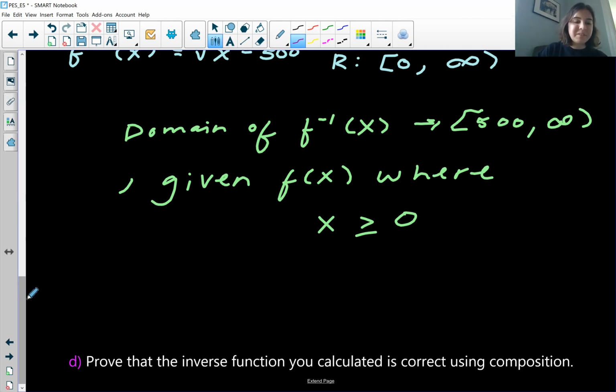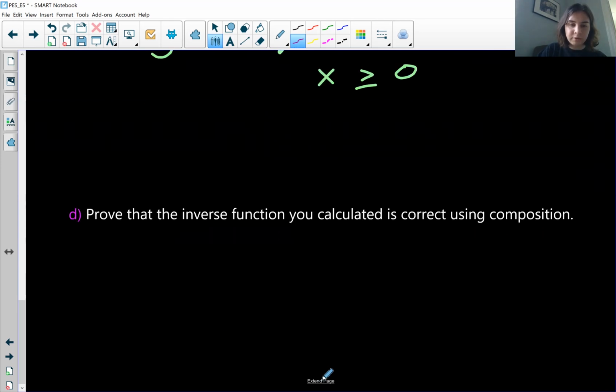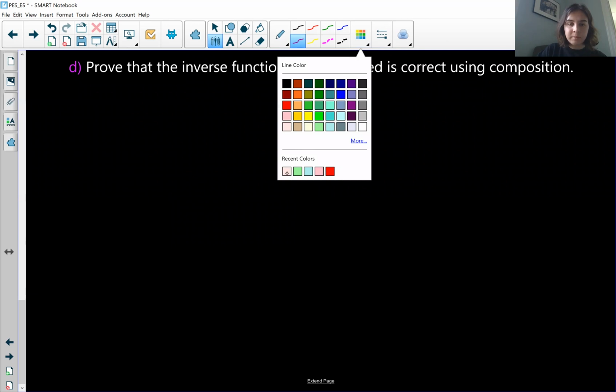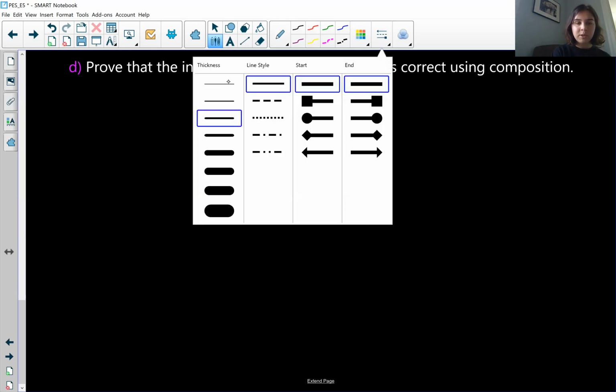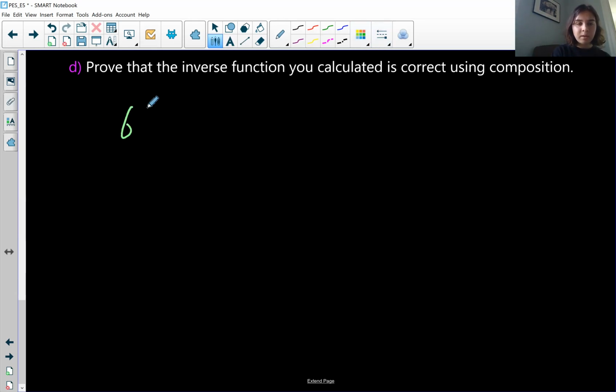Okay, cool. So we just have one more part here. We're going to connect this to composition, very fun, and then we will be done. So one thing about inverses is that the inverse undoes everything that the original function has done to x. So really, if we do f inverse of f of x, so if we plug in the original function to the inverse, it should undo everything and we get x.